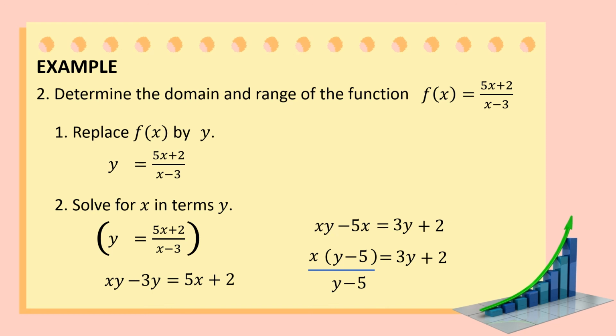And the sum of 3y and 2 will also be divided by the difference of y and 5. So x is now equal to the quotient of the sum of 3y and 2 and the difference of y and 5.